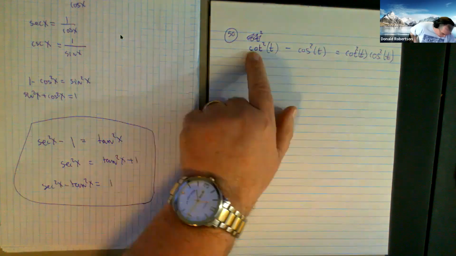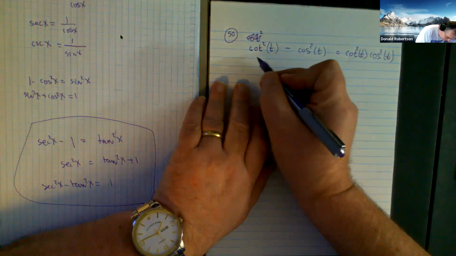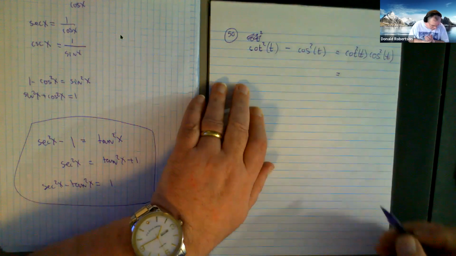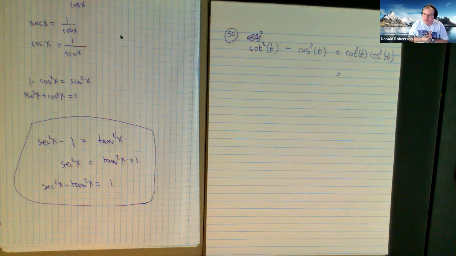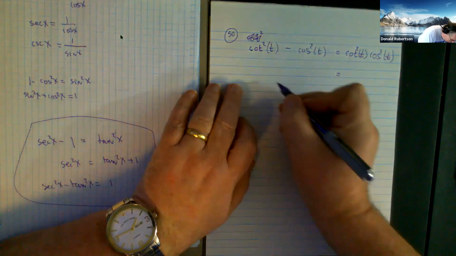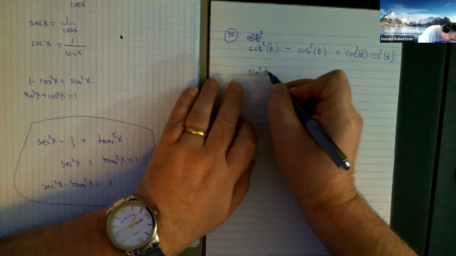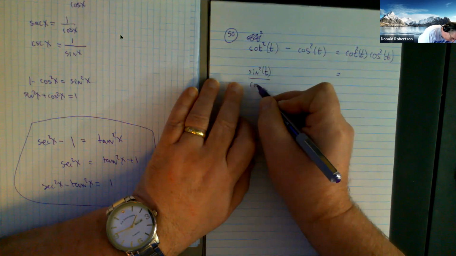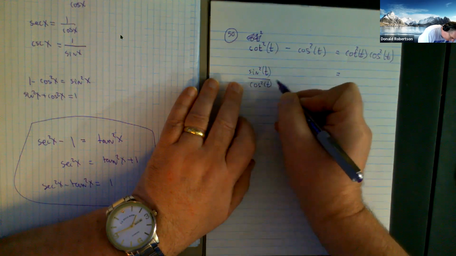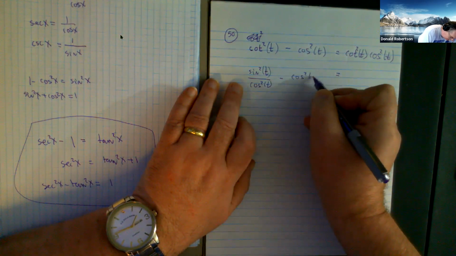So let's start with this fella then. I'm going to resort to turning everybody into sines and cosines. Not saying this is the only way, but if you can't think of something, it's a good way to start the day. Now you got that?